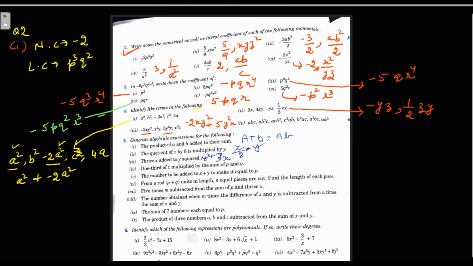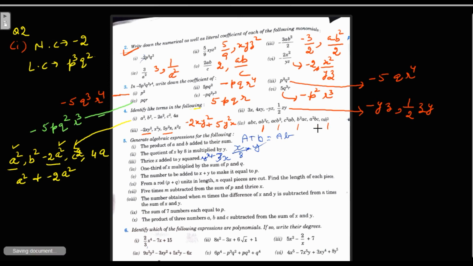Now in the next part, the terms are ABC, AB square, AC, B square, C square AB, B square AC, A square BC, CAB square. So we will see in which terms there is B square, this B square, this B square. Here is C square, not B square; here is B square, here is also B square.